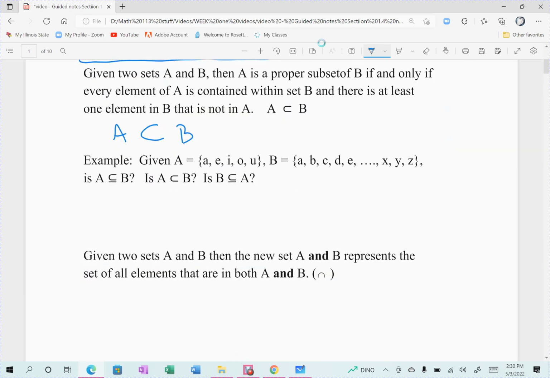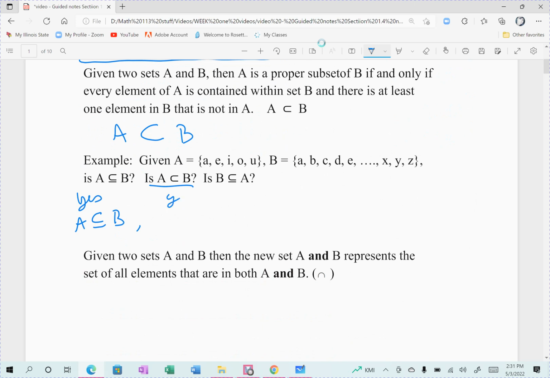All right, suppose that we have the following sets. Set A is A, E, I, O, U, the vowels without Y. B is the entire alphabet, A, B, C, D, E, all the way to Z. The first question is, is A a subset of B? Are all of the elements in A contained in B? The answer is yes. Yes, A is a subset of B. Is A a proper subset of B?